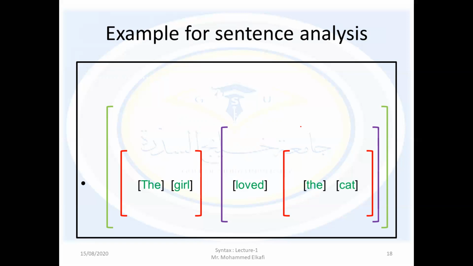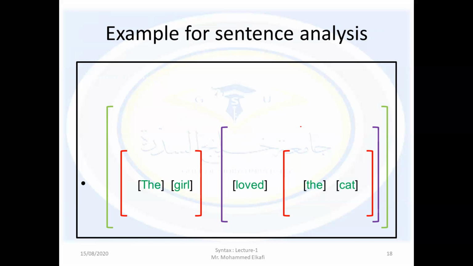As you see, "the" is enclosed with square brackets, and "girl" also has brackets around it, and even "loved" and "the cat". So that tells each one of these components that it has some name. So it is the smallest unit.